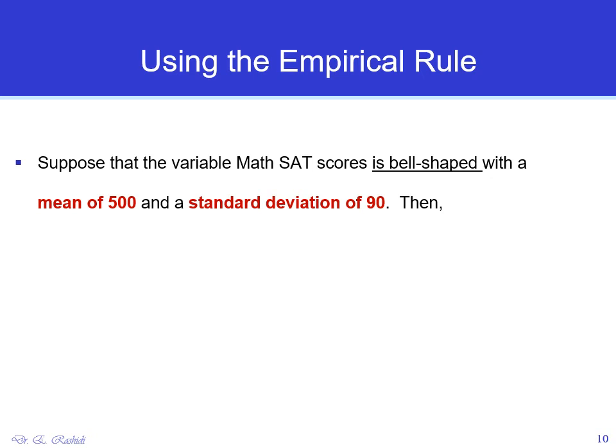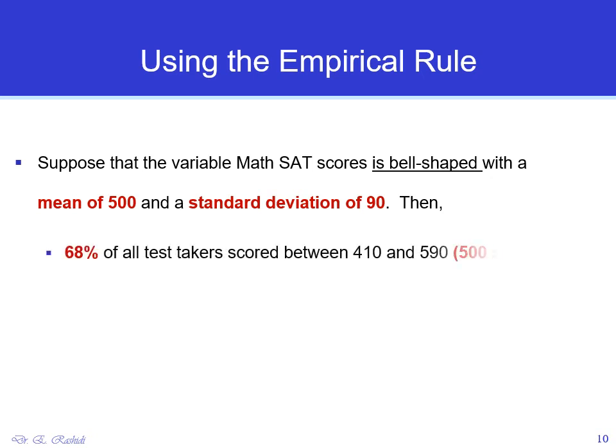Then according to the empirical rule, 68% of all the students, their SAT scores would fall between 410 and 590. That is amazing. Without knowing any student's SAT score, you know that 68% of the group of students have a SAT score between 410 and 590.